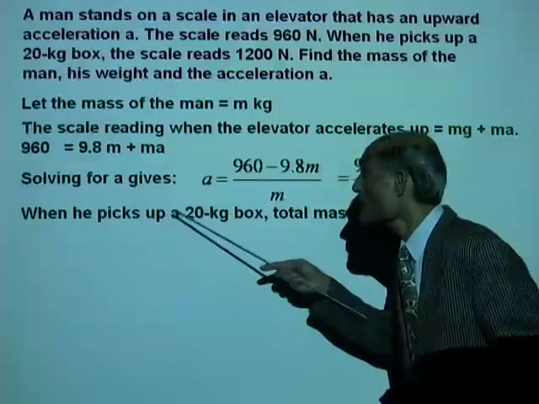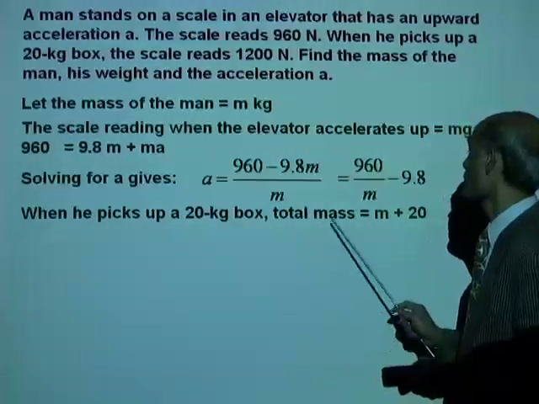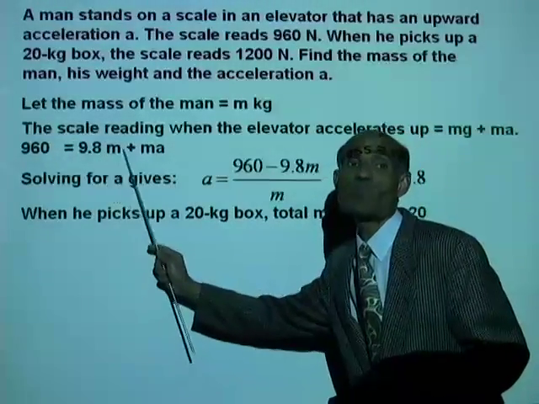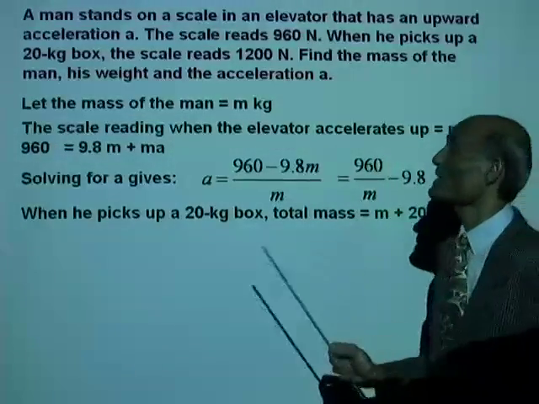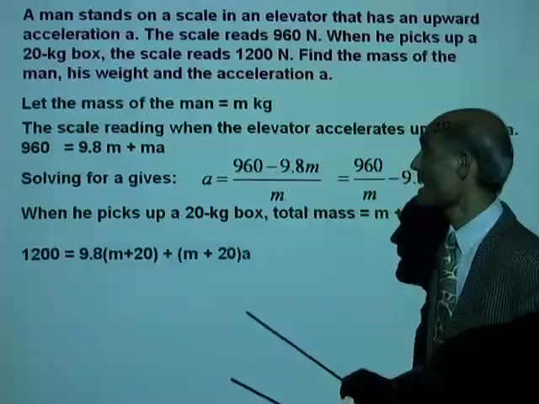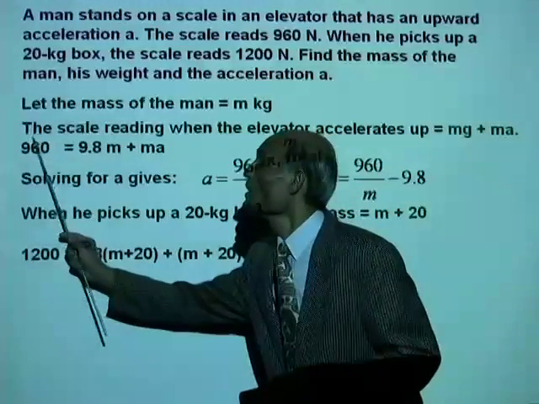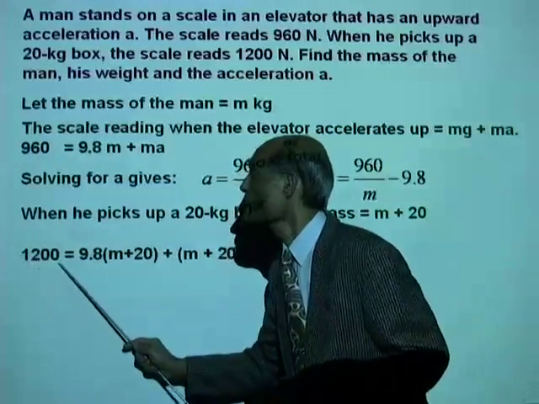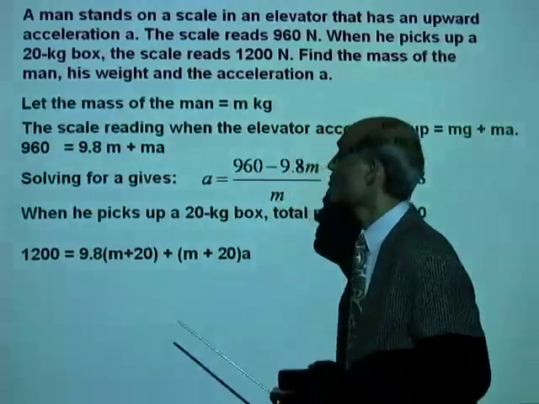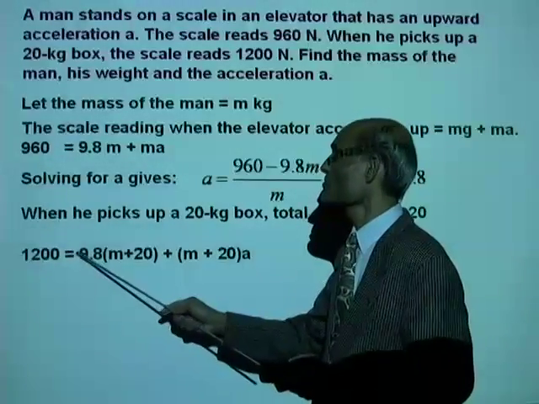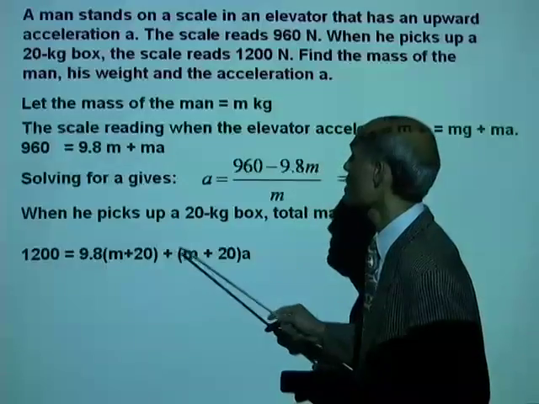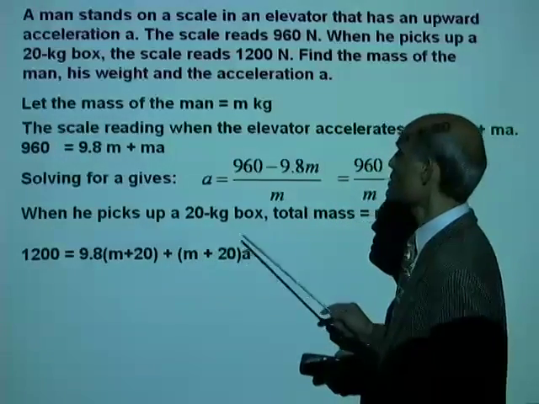When he picks up a 20 kilogram box, the total mass now is m plus 20, and the scale reading becomes 1200. We have 1200 equal to 9.8 times m plus 20, plus m plus 20 times a.